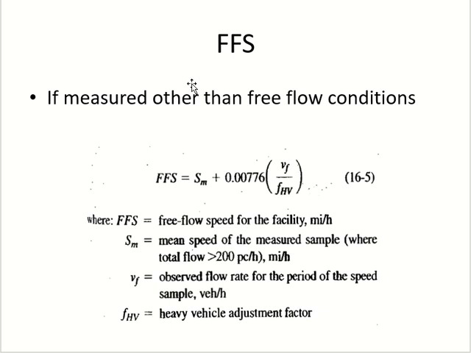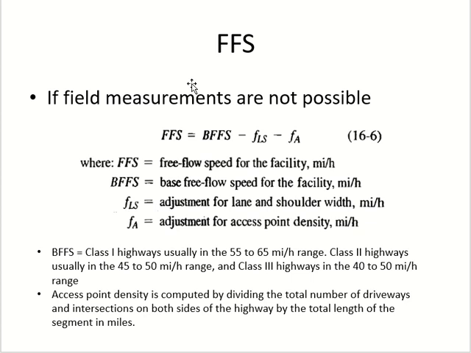In that case, in non-free flow conditions, you should also observe the flow rate, and you should also know the heavy vehicle factor. Let's say if you did not do any measurement, no speed observations are taken, then you can use this equation. So we know two of the factors here, right, in the equation. BFFS means what?